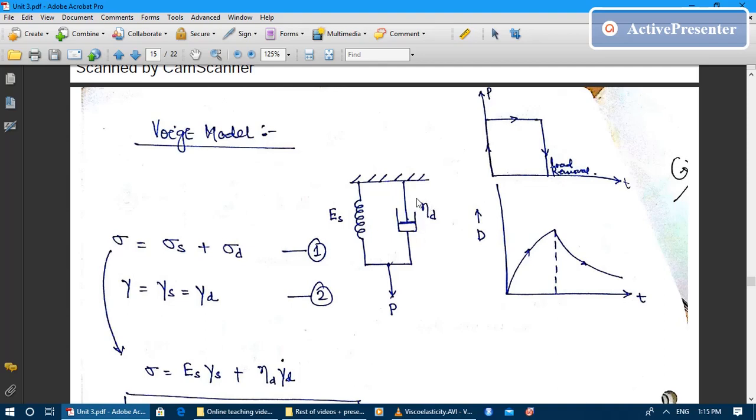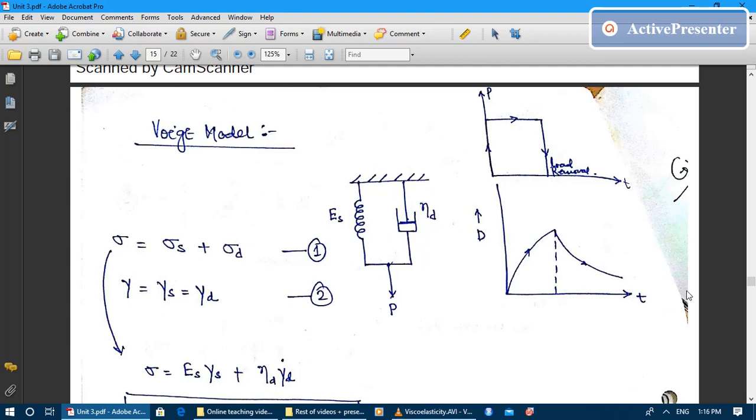Normally a dashpot does not regain anything, but when it is connected to the spring, the spring will compel it to regain its shape, and the dashpot will compel the spring not to regain its shape immediately. So ultimately they will regain their shape in a time delayed manner, and this curve is going to touch the x-axis after a long time.